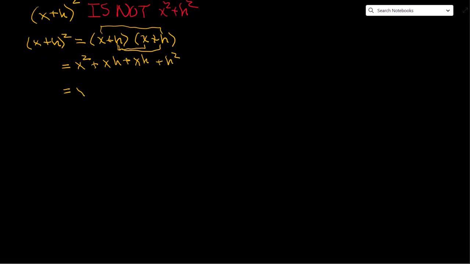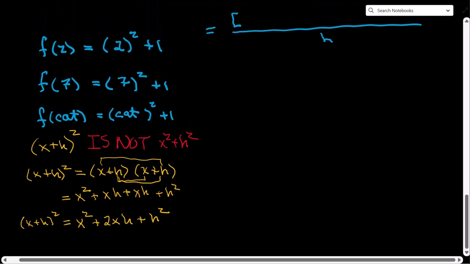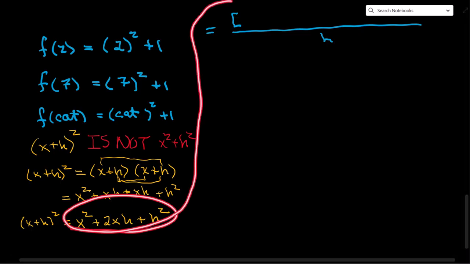There are a couple of terms we can combine. The 2 xh's give us x squared plus 2xh plus h squared. This is what x plus h squared produces, and this is what we're going to substitute in up here.